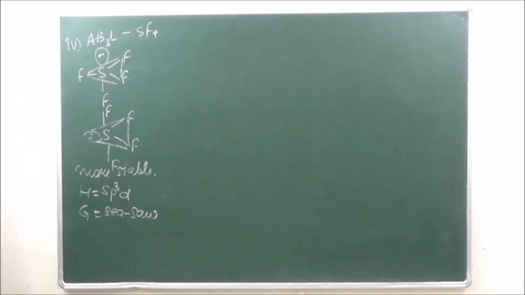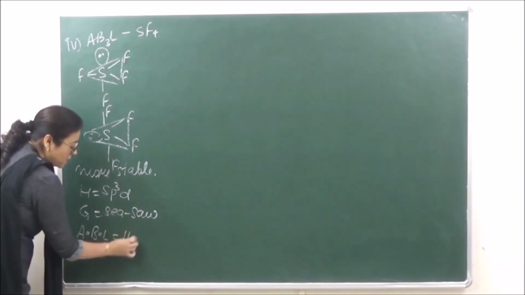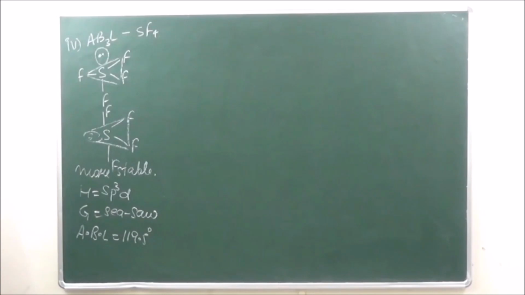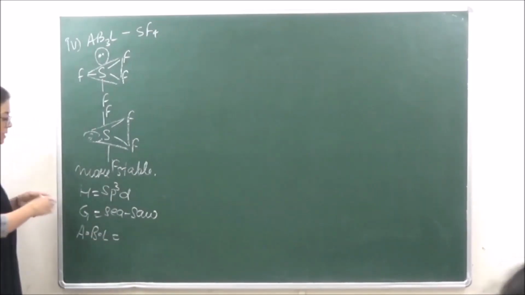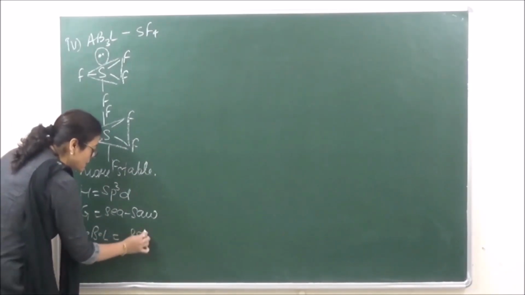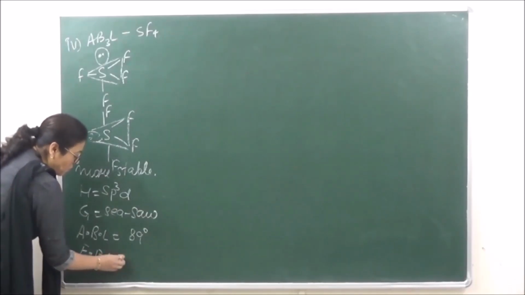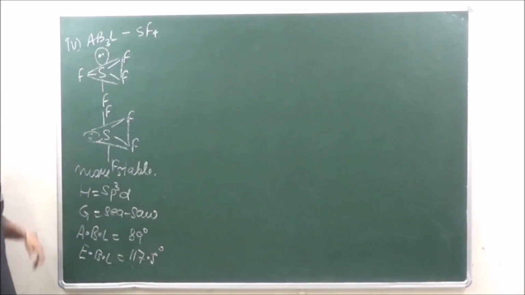Okay, seesaw, and the axial bond angle, that is 119.5 degrees. Okay, and the equatorial, 89 degrees. Axial bond angle is 89 degrees, and the equatorial bond angle, that is 117.5 degrees. ठीक है, this is SF4.